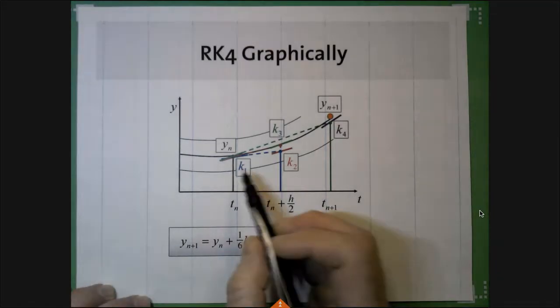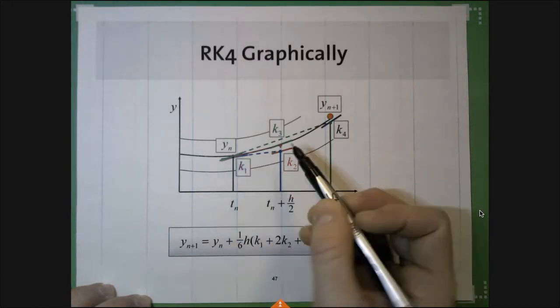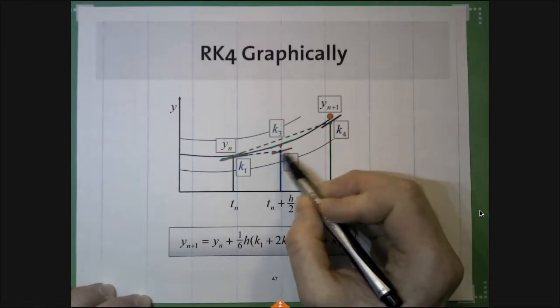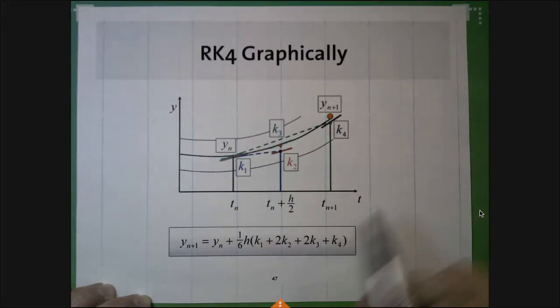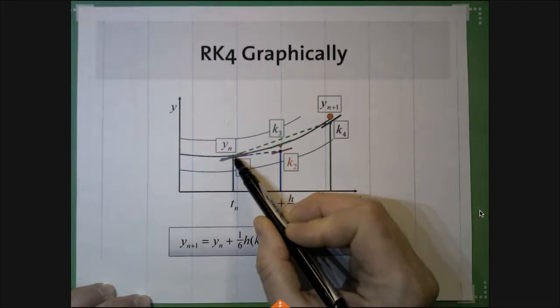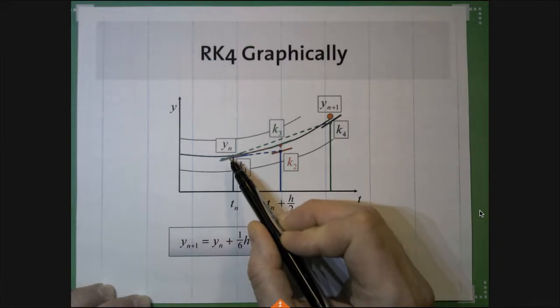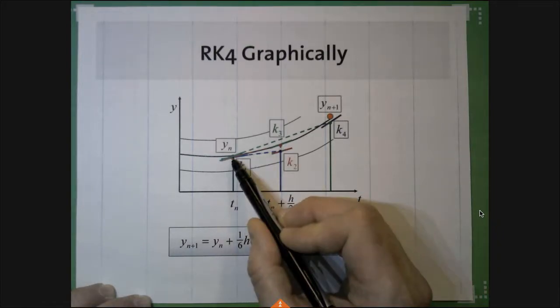So I think it goes something like this. Again, it starts where you are, computes the estimate of the derivative, does a half step here, and computes the slope, K2, here. With K2 we also do a half step.